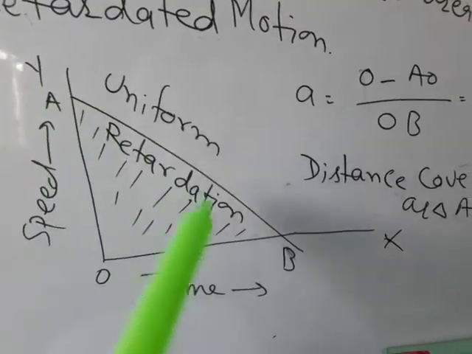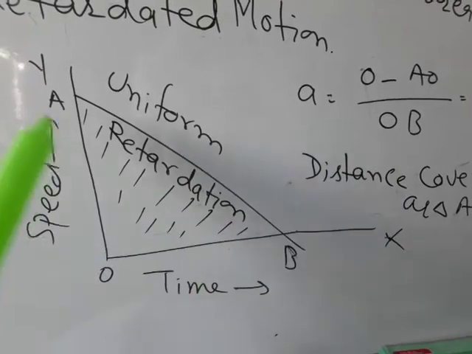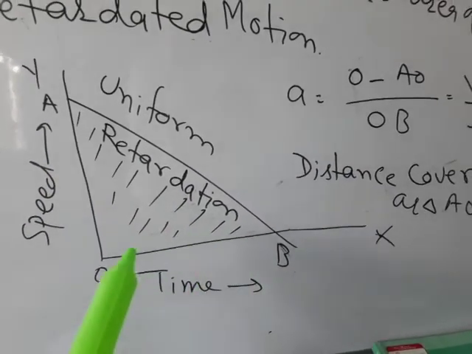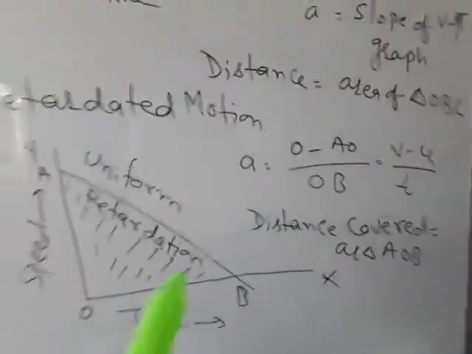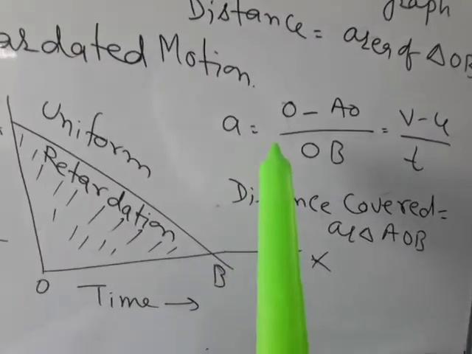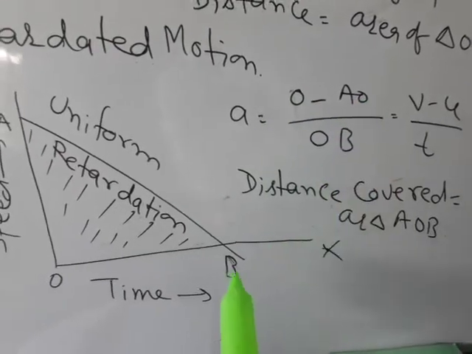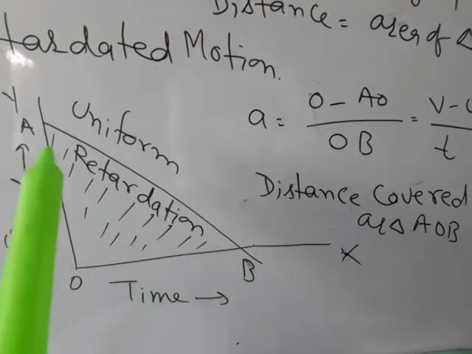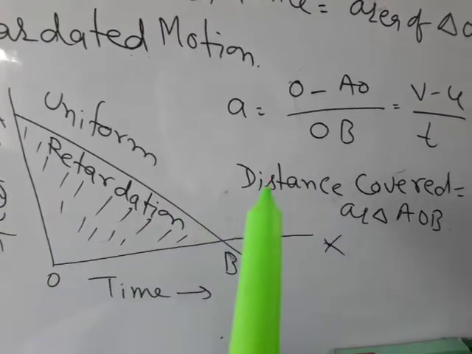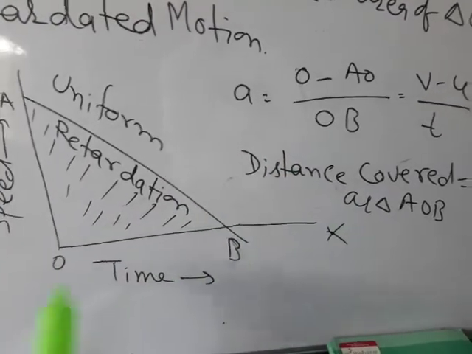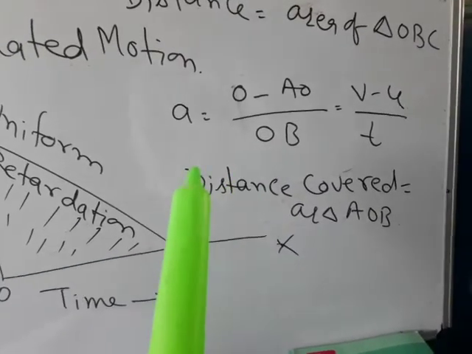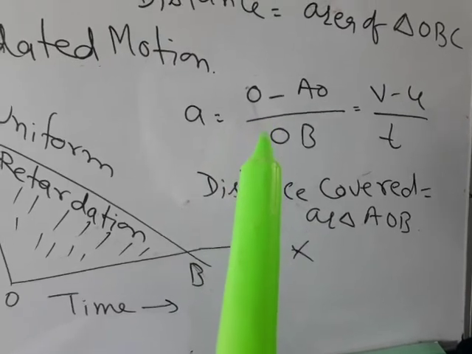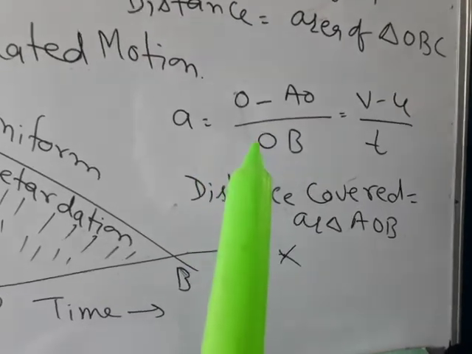It will be a sloping or inclined straight line. Now acceleration equals v minus u. V means final velocity, which is 0, minus initial velocity OA, by time equal to OB. Hence the value of acceleration will be negative.